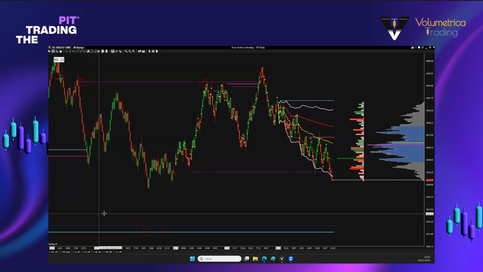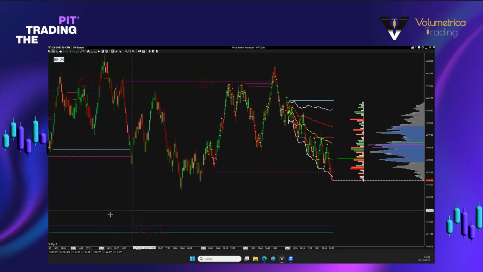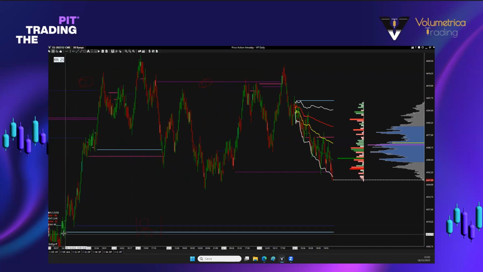Buying pressure, which have started from somewhere here in the past. Yeah, exactly on two different levels right here. Dark blue is a little bit higher than the light blue one, which is a little bit lower. Those can be both considered when price in the future might come and pull back to those areas.